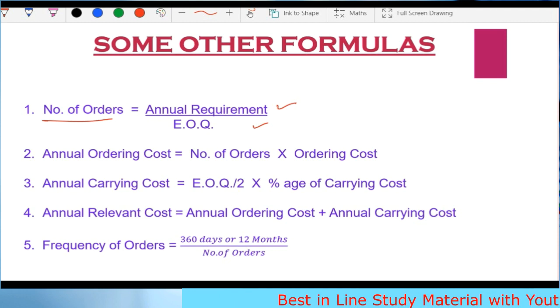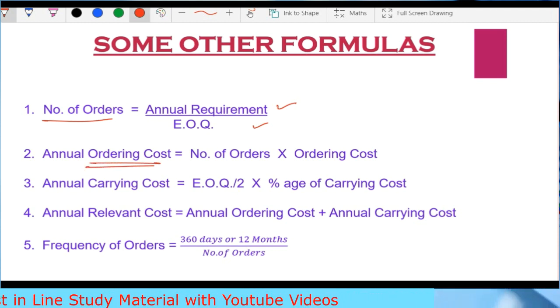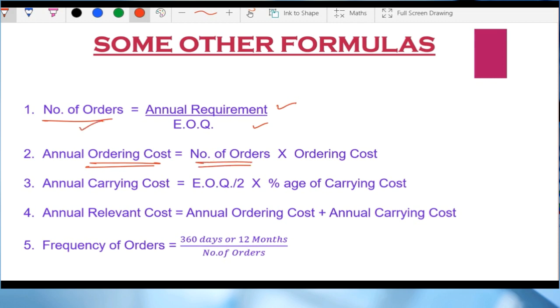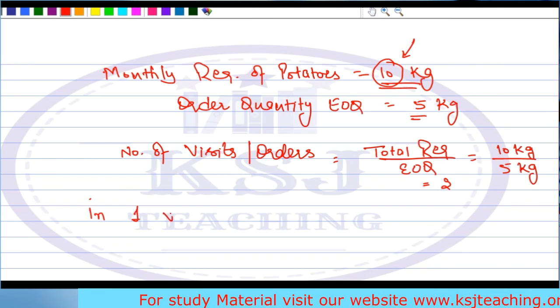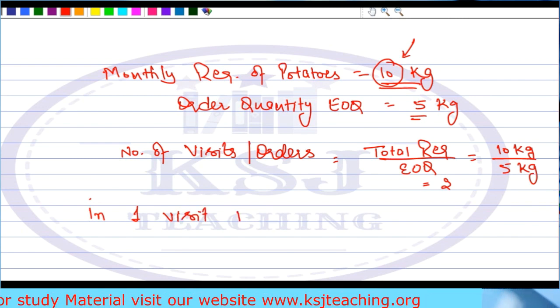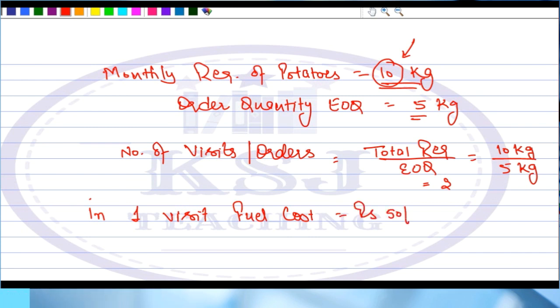Then the annual ordering cost. What is O? Sir, O is the ordering cost per order. If I want to find out the annual ordering cost, sir, very simple: the number of orders multiplied by the ordering cost. Say in one visit, the fuel cost is say rupees 50.